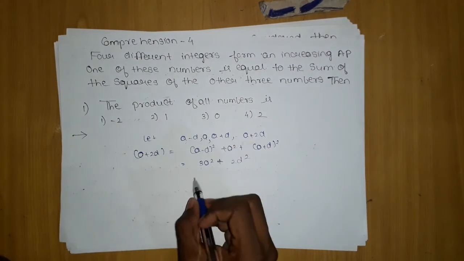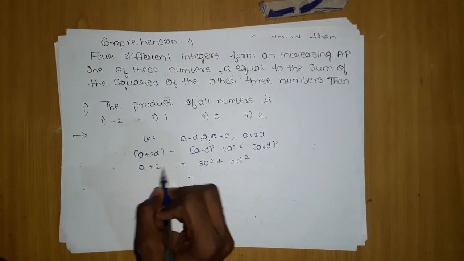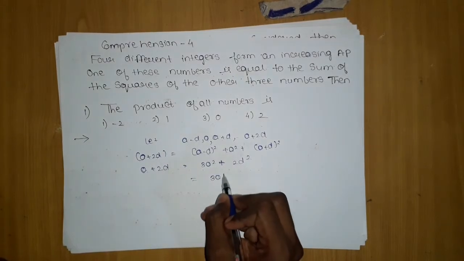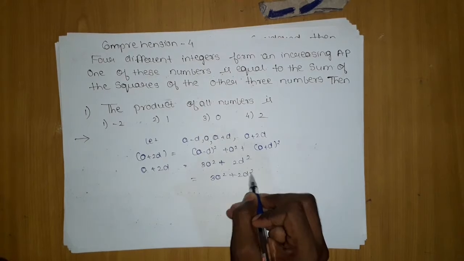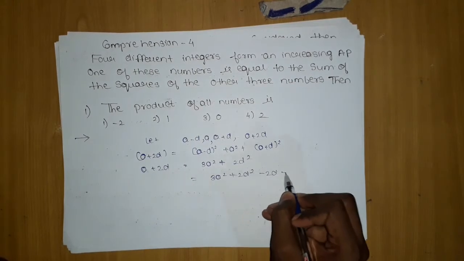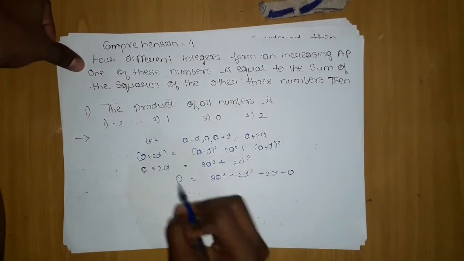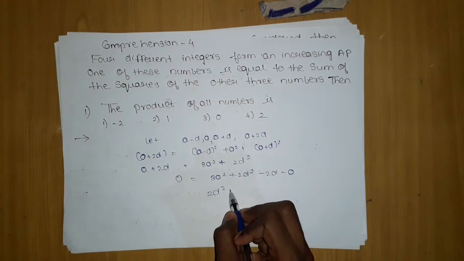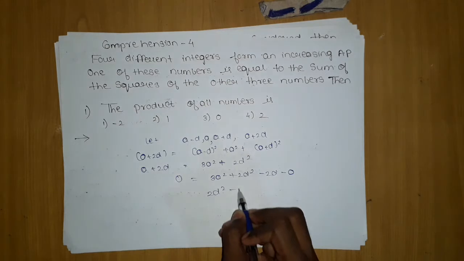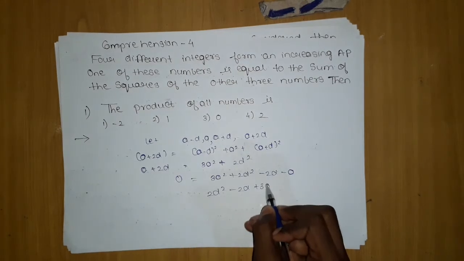If I move this a plus 2d here, I get 3a square plus 2d square minus 2d minus a. If I make a quadratic in d, then my problem will be solved: 2d square minus 2d plus 3a square minus a.